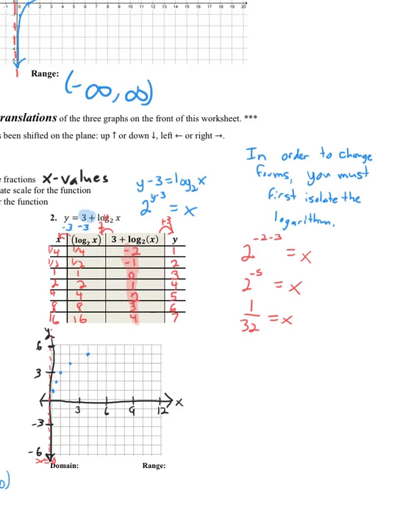And then 8, comma 6. And then the last point, like I said, 16, comma 7 would not fall on the graph, but I do have 6 points plotted already, so I think I'm okay with that.